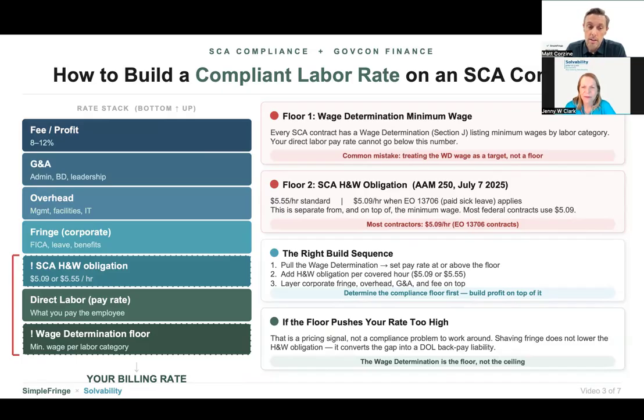They will say they expect contractors to be tracking this correctly and consistently on their own. And when you get a DOL investigation request, you want to be able to provide those records quickly without having to scramble and pull a bunch of things together. It's not a good look to the DOL if it's taking you a while to provide the reports that you should already have in your records.